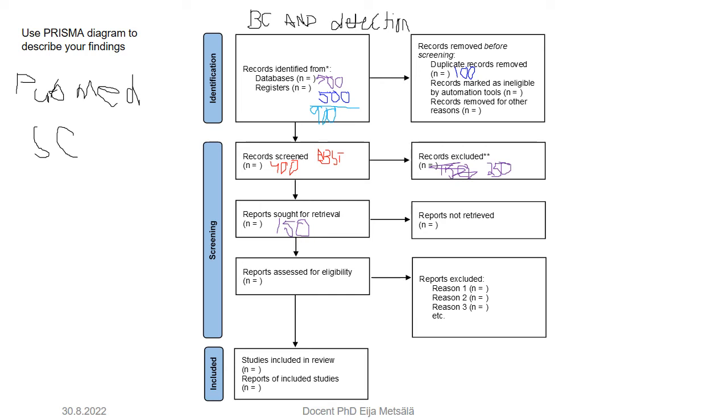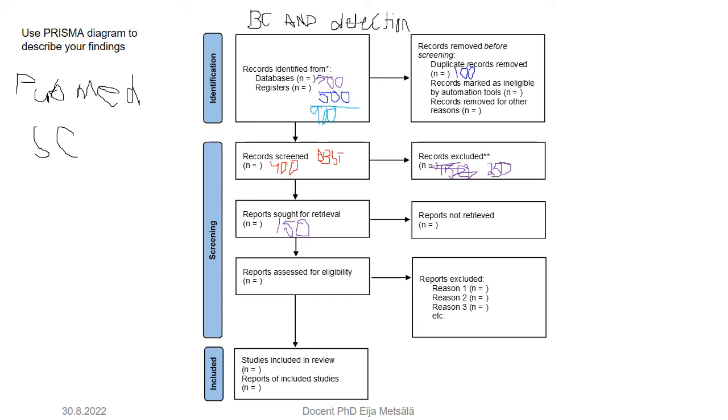At abstract level, when we read those few lines abstract, we may find that for some reason those articles do not fit into our inclusion or exclusion criteria.